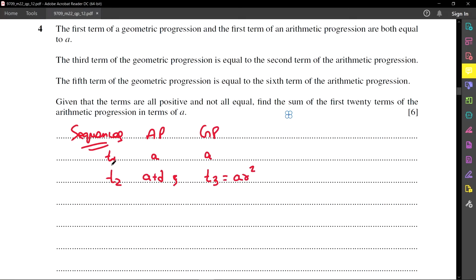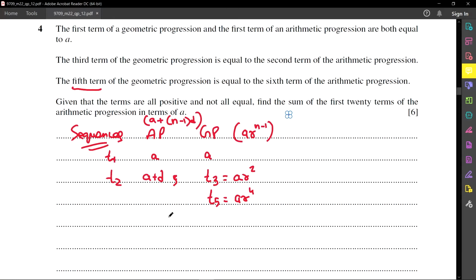And similarly we have the fifth term of the GP. So the fifth term is AR power 4. Here you can use the nth term for the GP is AR power n minus 1. And for AP it is A plus n minus 1 times D.